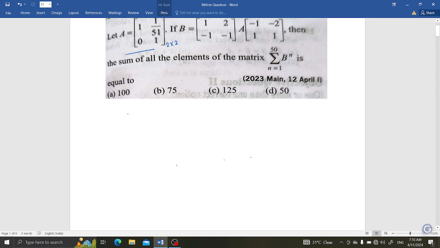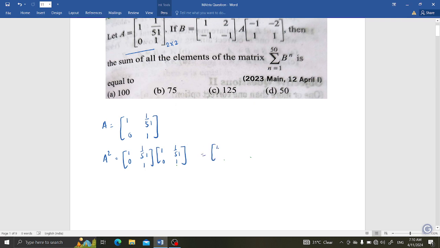Here you can observe that first of all we will discuss what A actually is. What is the property of A? A is 1, 1 upon 51, 0, 1. If you want to find A square, I'll tell you why we are doing that. A square is 1, 1 upon 51, 0, 1 times 1, 1 upon 51, 0, 1, row into column.